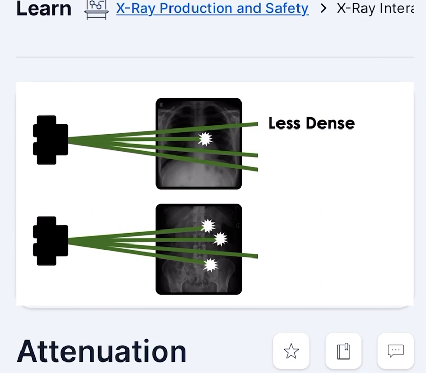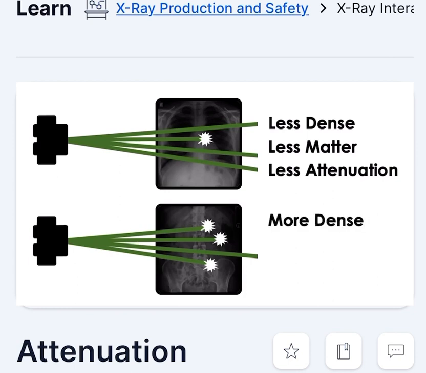If there's less density, that means there's less total matter, and if there's less matter, that means there's less attenuation, because the X-ray beam doesn't have to go through so much material. In the example of the abdomen, it is significantly more dense. That means there's more material or more matter packed into the same amount of space. If the X-ray beam has to pass through more total matter, that results in more attenuation.